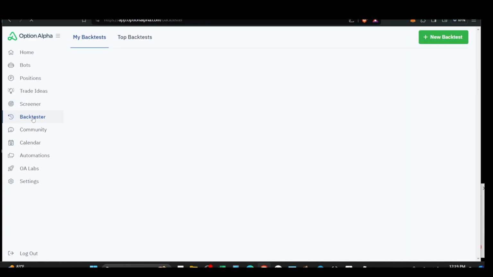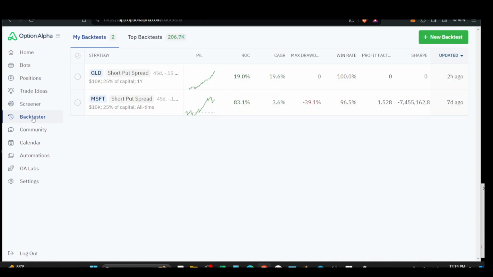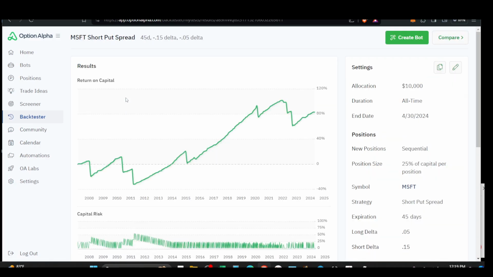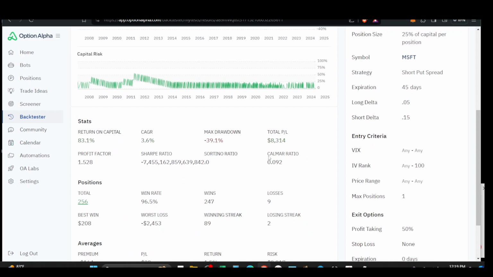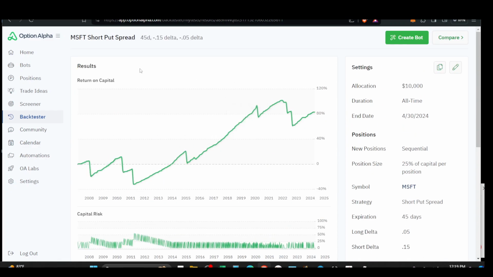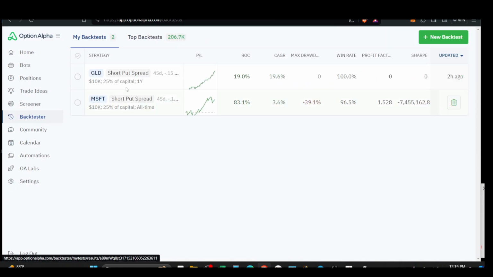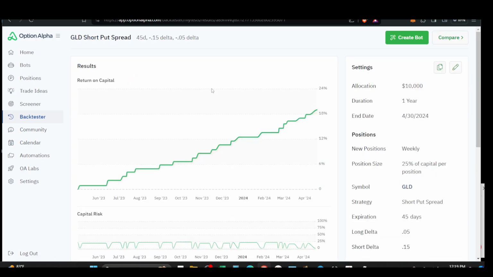There is also something called backtest. So I did a backtest on Microsoft since 2008 until 2024, and you can totally backtest it, right? And I also backtested another one, gold.